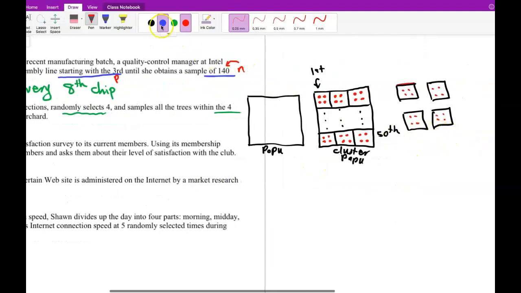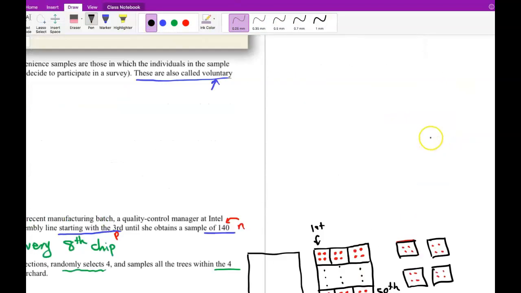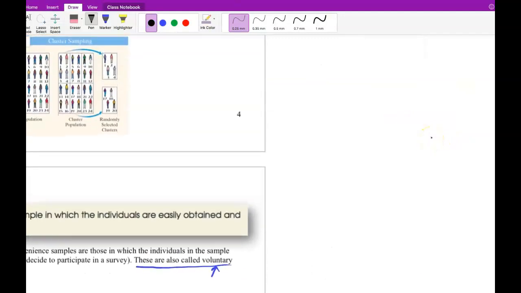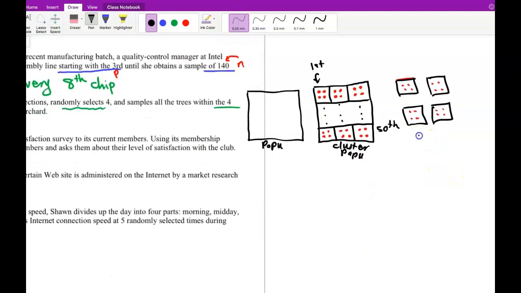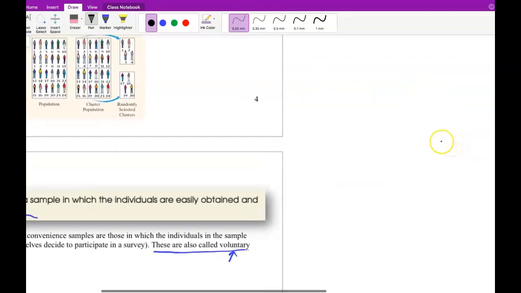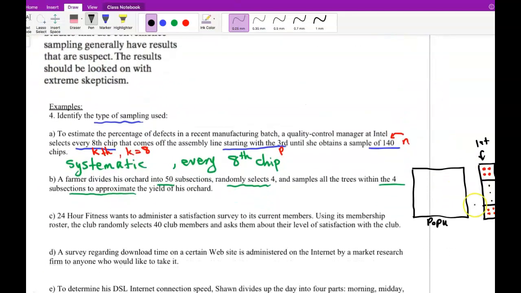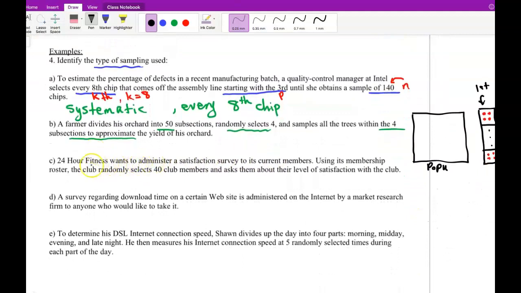So this part is a cluster sample, or you can say randomly selected clusters. You don't need to draw these. You only need to know what type of sampling we have. So this is cluster.